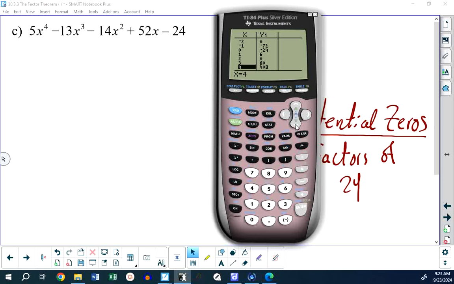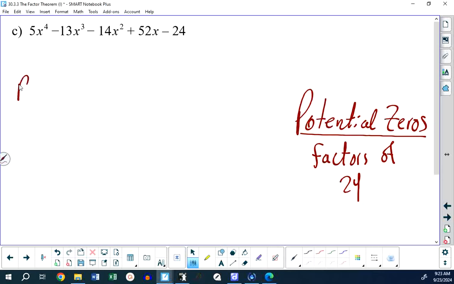So what I do is I say, we'll start with this one. We are in total learning mode here, and I have to find ways with the shortened classes to cut corners. You would write 5 times 2 to the 4 minus 13 times 2 cubed minus 14 times 2 squared plus 52 times 2 minus 24 if it were a written response.